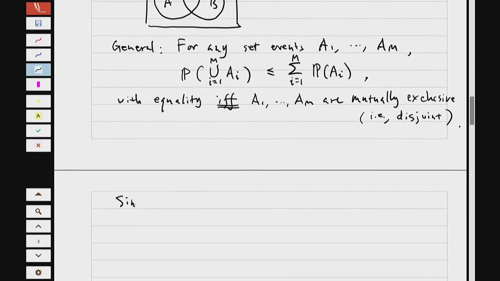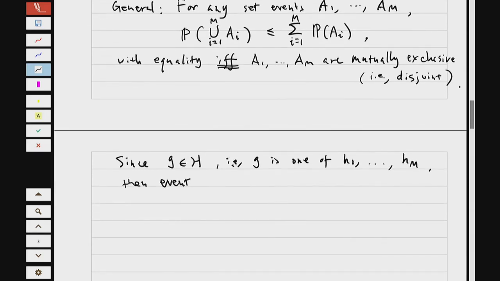So since g is in H, in other words, g is one of these M hypotheses, we don't know which one, but we know it's one of them. Now the event that we want, which is E_in of g minus E_out of g greater than epsilon.